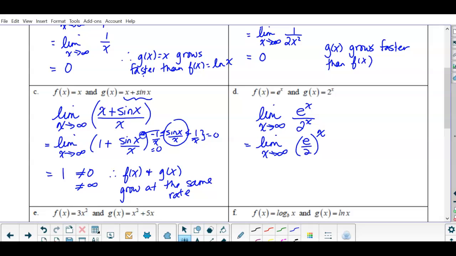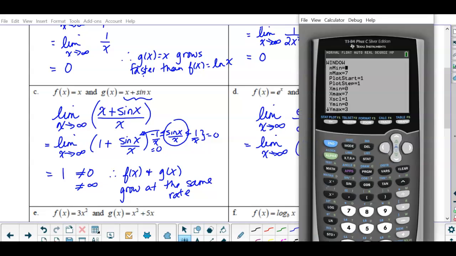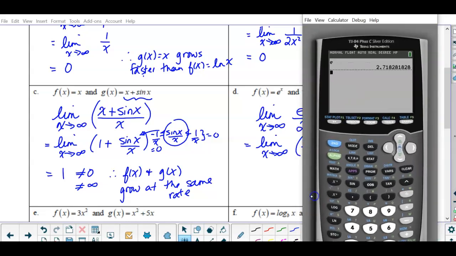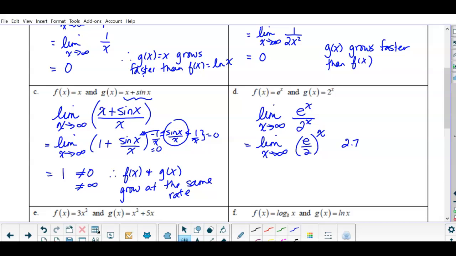So e is 2.718. Let me just put it in there, I won't forget exactly. So obviously it's going to be bigger than 1. So e over 2 is greater than 1.